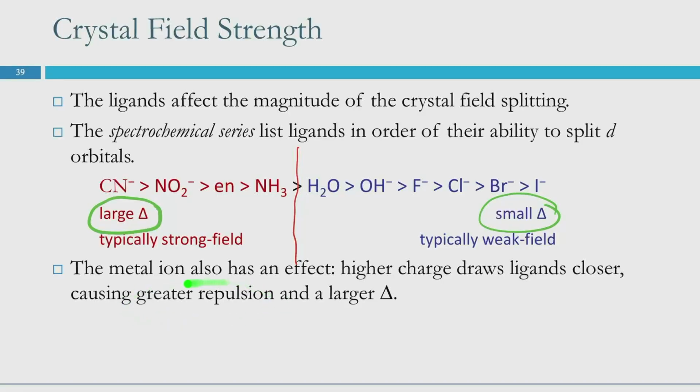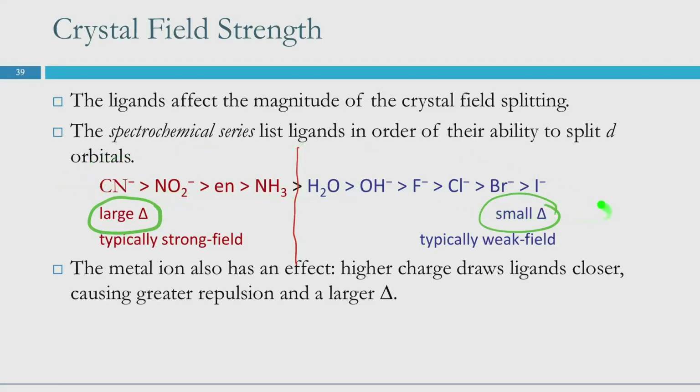And that's going to cause greater repulsion and a larger crystal field splitting energy. This might be a factor if you're looking at different complex ions where it's the same metal and the same ligands, but you're changing the charge on the metal center. That's a possible question that I could imagine you getting.